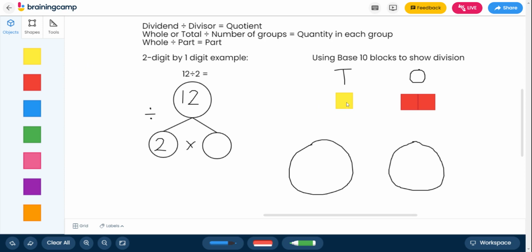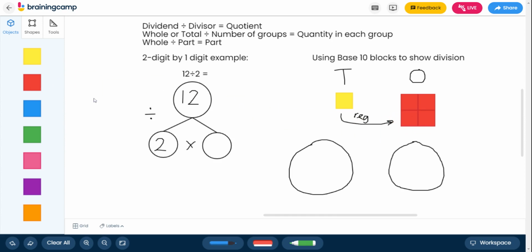So I'm just going to take this, I'll leave this here actually, and I'm going to draw an arrow that shows regrouping. Don't mind my handwriting there. And then I'm going to take 10 of these ones.